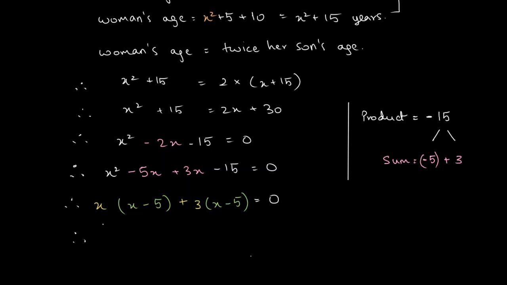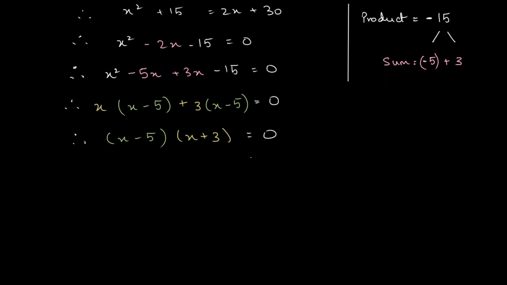Therefore, x minus 5 and x minus 5 are the same term, so it can be taken out as common, and I'll be left with an x plus 3 here, and this is equal to 0. Okay, so now time for the zero product rule.